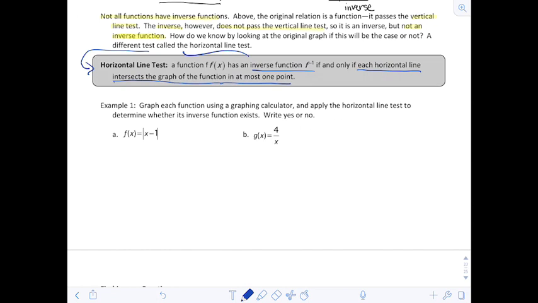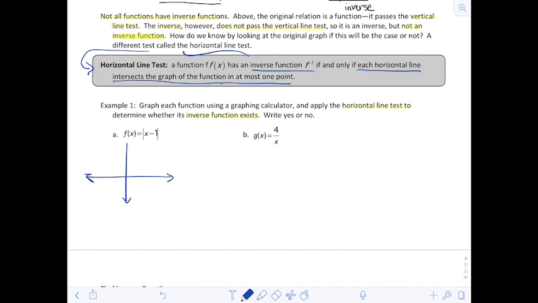So as we look at these functions, the first one being absolute value of x minus 1, we're going to apply the horizontal line test and determine whether or not its inverse function exists. It will have an inverse, but whether or not the inverse is a function is what we're after. So as we look at this graph, it's the absolute value of x minus 1.